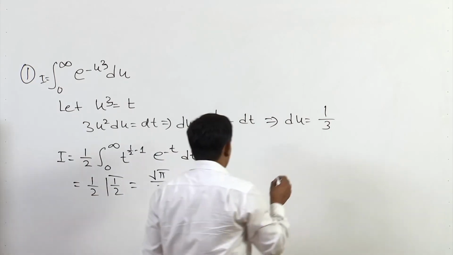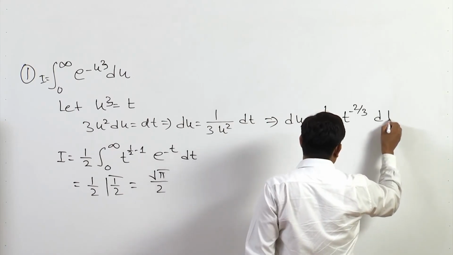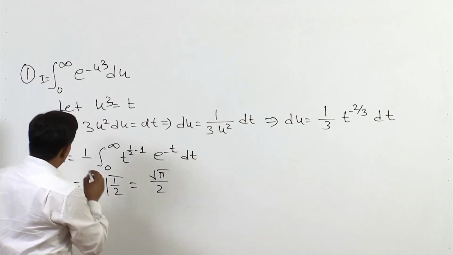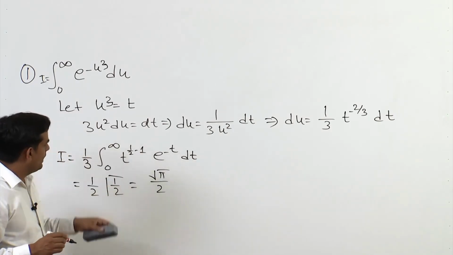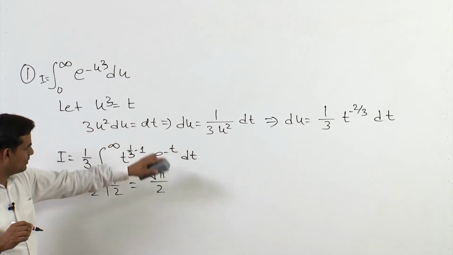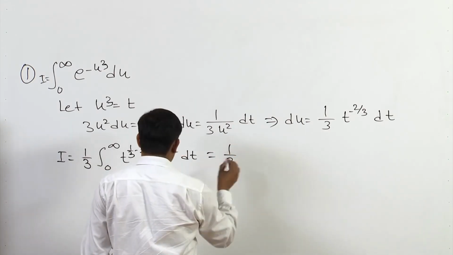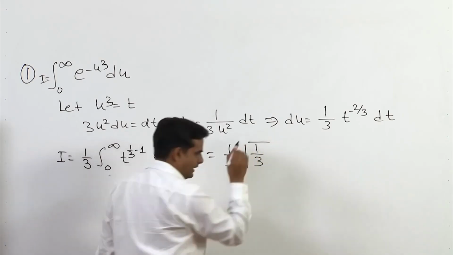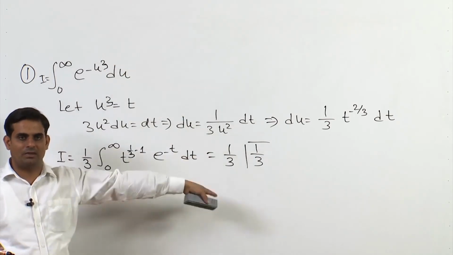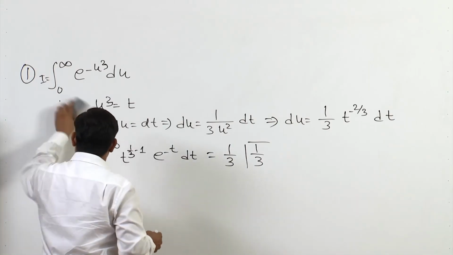So, u raised to power minus 2 will become t raised to power minus 2 upon 3 dt. So, here I will write this integral as 1 by 3 ∫ t raised to power 1 by 3 minus 1 e raised to power minus t dt, since minus 2 by 3 can be written as 1 by 3 minus 1. So, it will become 1 by 3 gamma 1 by 3. Similarly, e raised to power minus u raised to power 4 will become 1 by 4 into gamma 1 by 4 and so on. Let us take one more example.